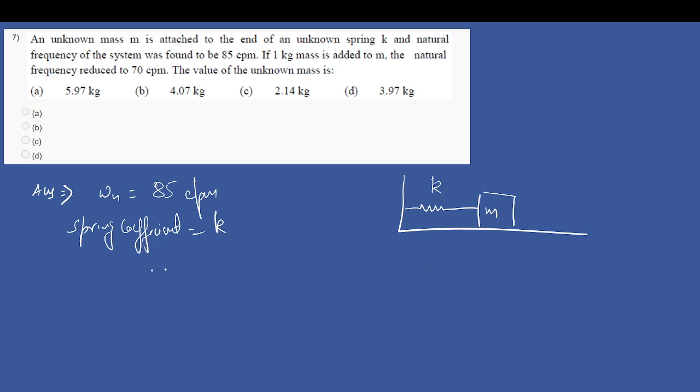Now here it is given. So this is for the case when you have k comma m.